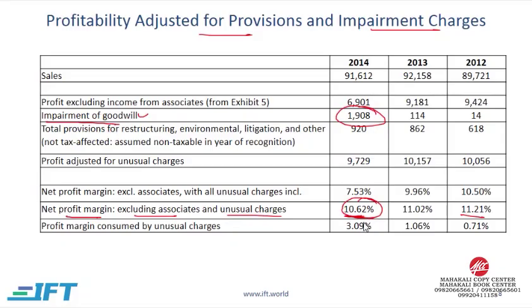The difference is not as much as what we had over here, but still the company is not doing as well as we might think when we just look at the high level ROE. What's the lesson that you get out of this? The lesson is that not only do you try to remove the impact of associates, you should also do an analysis removing unusual charges and see what happens.